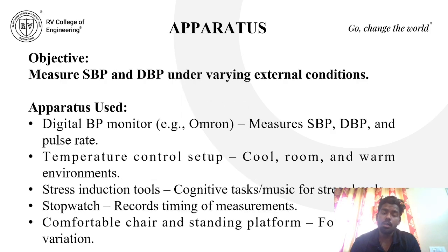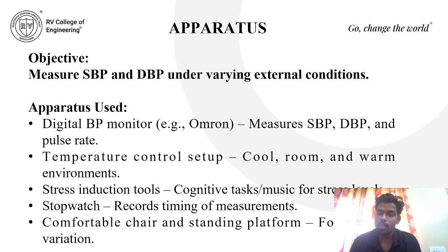So coming to the apparatus. Our objective is to measure the SBP and DBP under the varying external conditions of temperature, position, and stress level. The apparatus used here was the digital BP monitor.